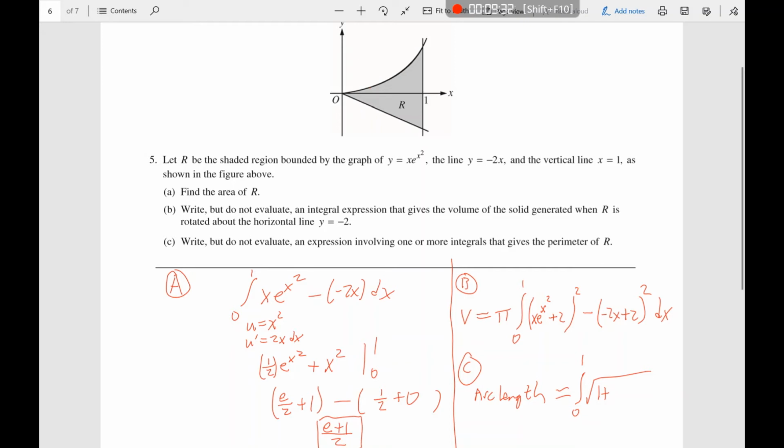So when I go to differentiate this, product rule. Okay, so I'm going to do that up here, I think. y prime is equal to what? times e to the x squared.